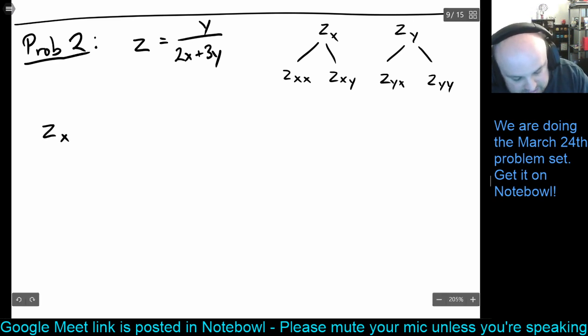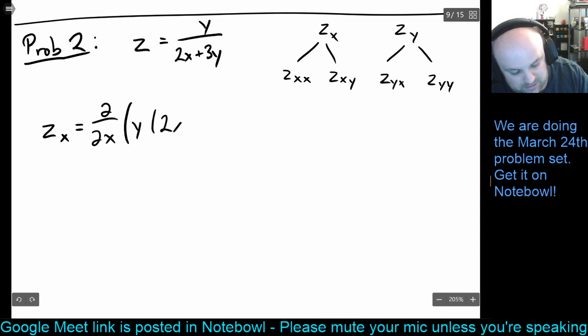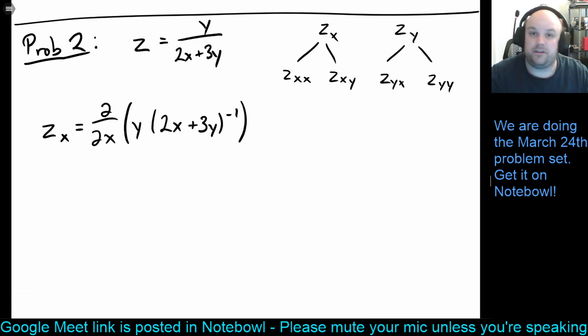So zx. This one's not too bad. I think this makes a lot more sense to look at it like this, but again, it's completely up to you how you want to go about this one.